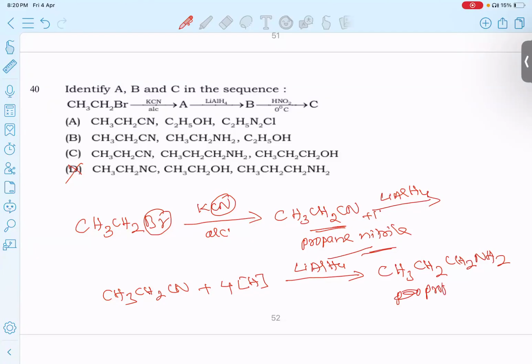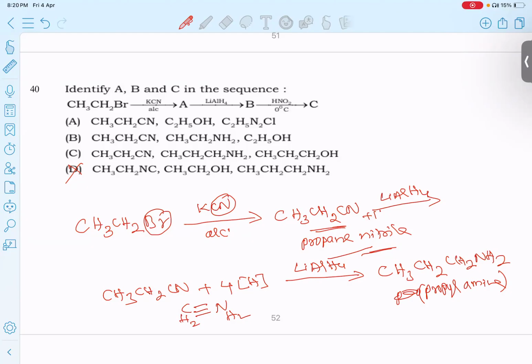Here the C triple bond N undergoes reduction, with four H added. So the second compound is CH3CH2CH2NH2.